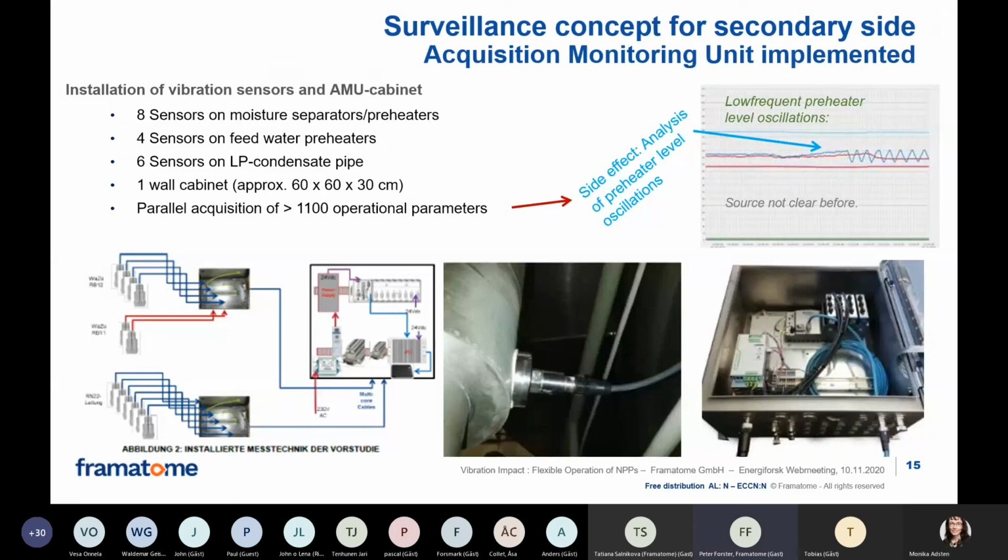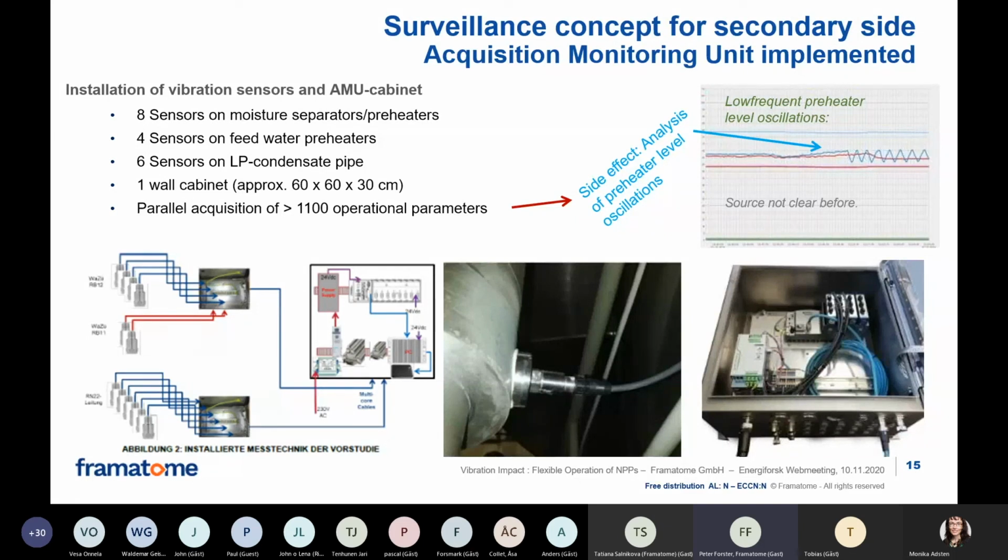Yes, an example of this: we see a new approach of surveillance concept for the secondary side, which is typically less instrumented compared to the primary circuit. There we made a test implementation in a Swiss power plant for dealing with the special load follow effects.